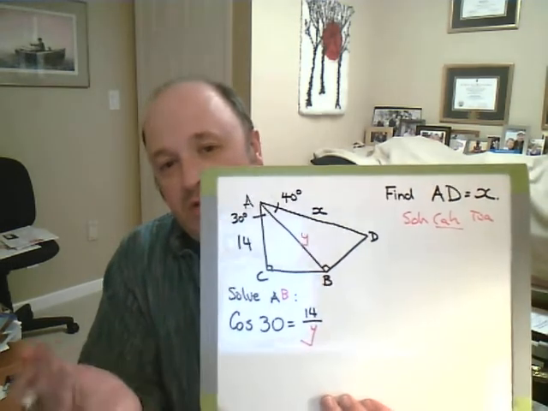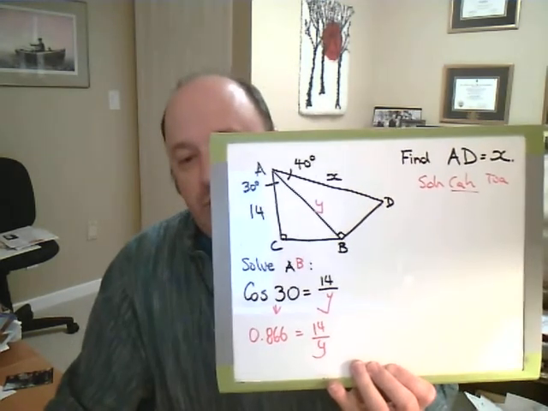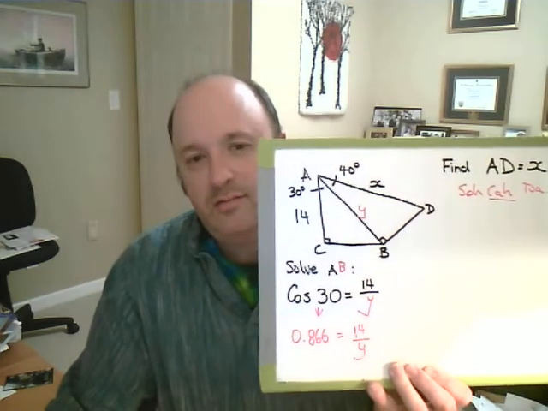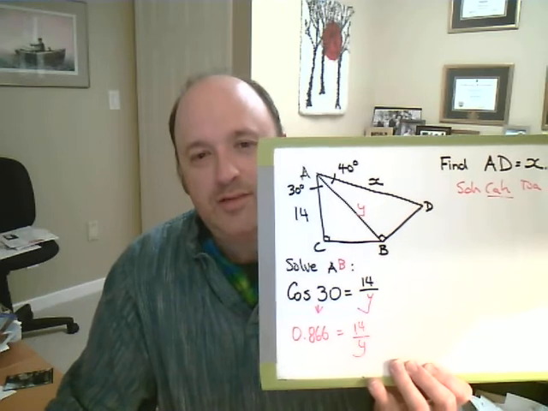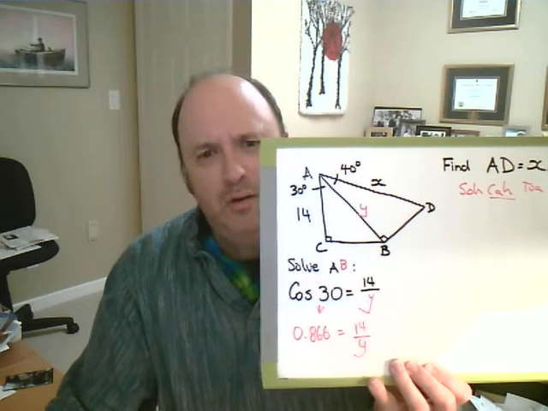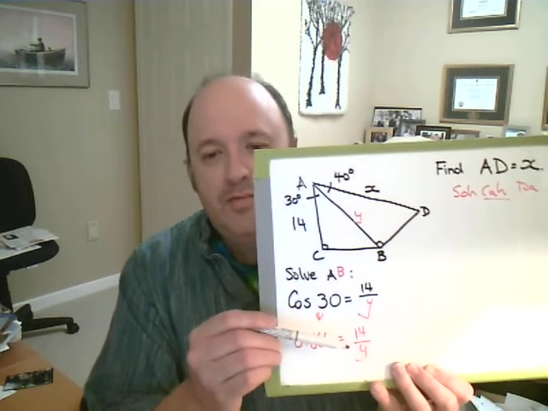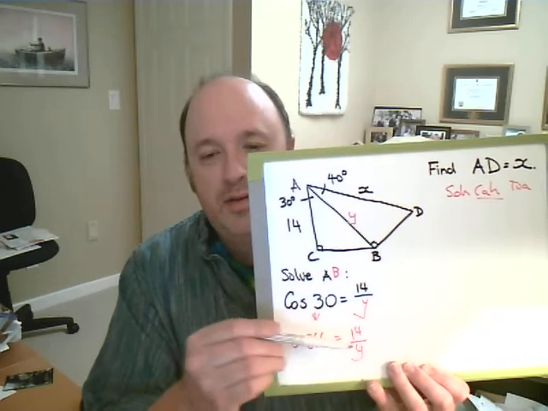Alright, so let's see if you can do it. Okay, so cos 30 is 0.866 is equal to 14 over y. Times both sides by 14, right? No. You don't times by 14. Divide by 14? I don't know. It's okay, don't worry. Remember, if the y is on the bottom, you can do a little swappy dance over here.